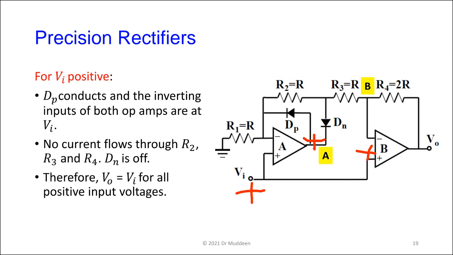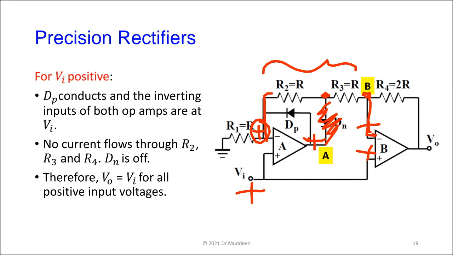Because of the virtual earth behavior, we have the same voltage appearing here and the same voltage appearing here. Positive here turns DN off, so there's no connection between this point and the op amp. Fair enough? So we have Vin here and Vin here. In other words, there's no voltage drop across R2 and R3.